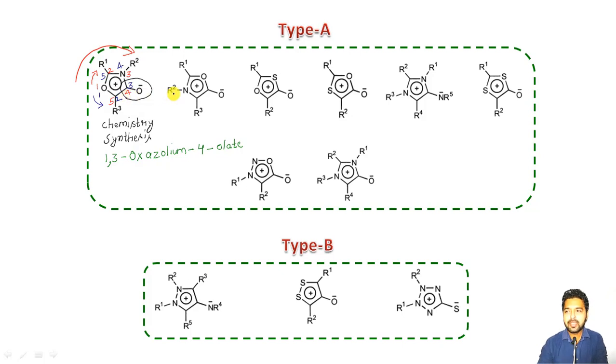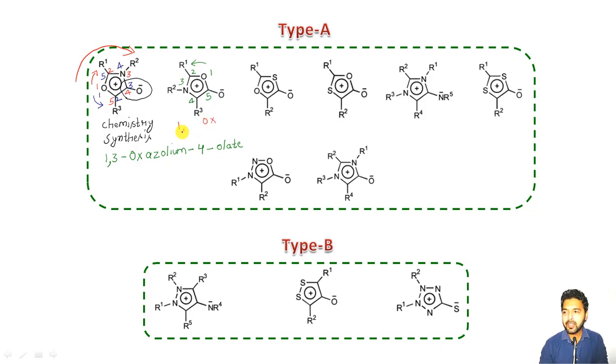Likewise, we can also name the second type A mesoionic molecule. Once again, numbering is to start from this direction, because in doing so, nitrogen will get the lower number. So once again, oxygen will get the first number, 1, 2, 3, 4 and 5, right? So the name will be what? On 1 we are having ox, meaning the oxygen.